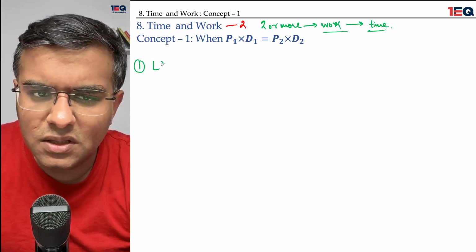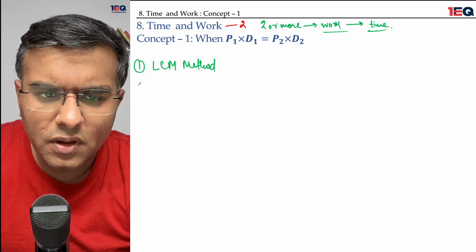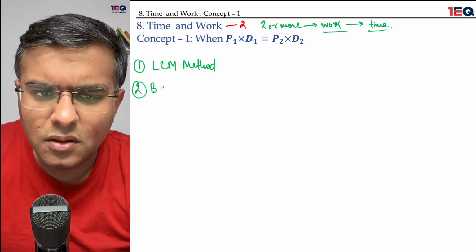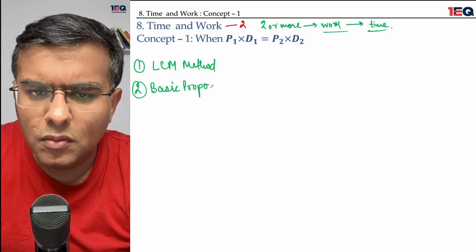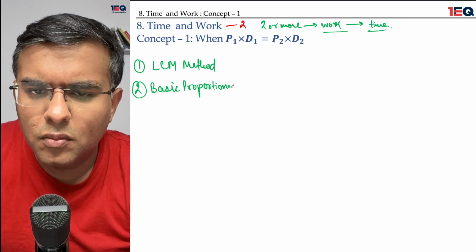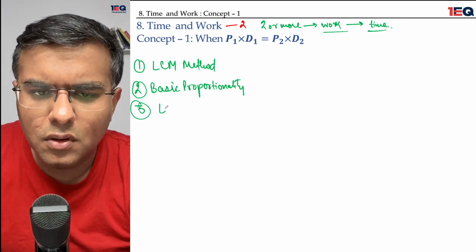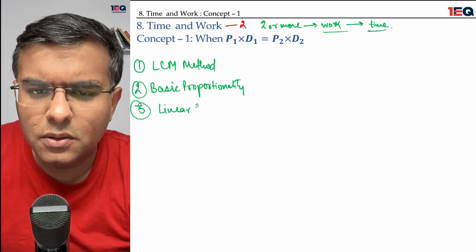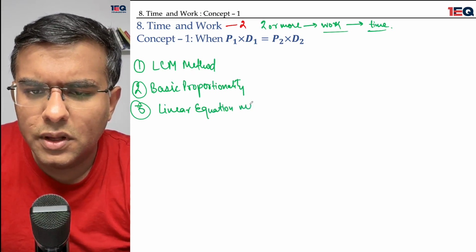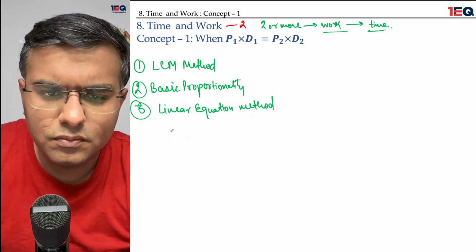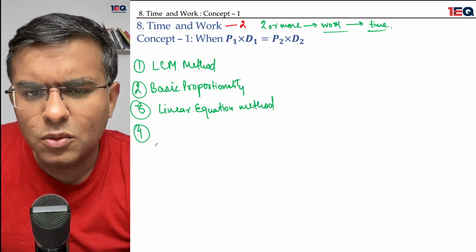The first one being the LCM method, the second one being the basic proportionality method, the third one being the linear equation method, and the fourth one, I'll come to the fourth one.